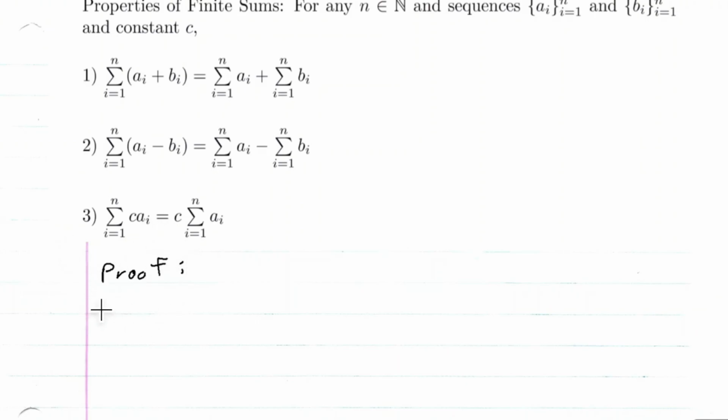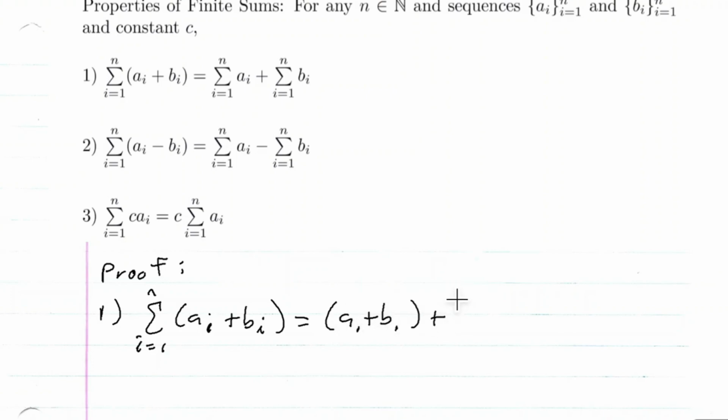So number one, we're going to look at the sum from 1 to n of a sub i plus b sub i, and we're going to try to show this. So this is equal to, using the definition of sum, a sub 1 plus b sub 1 plus a sub 2 plus b sub 2 plus dot dot dot plus a sub n plus b sub n.